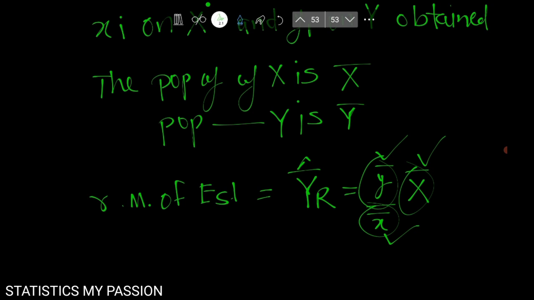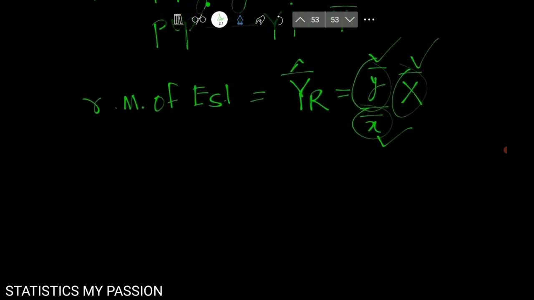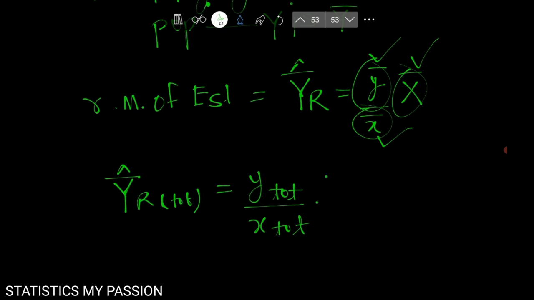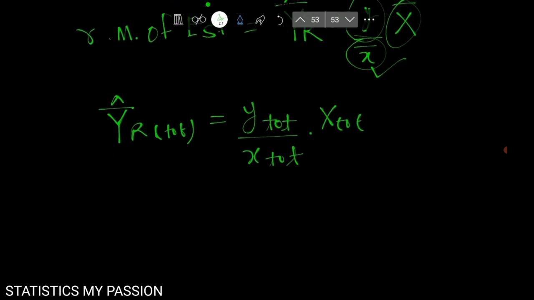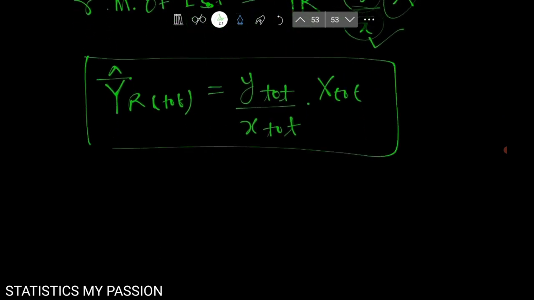Now how can we use this formula? In another way we can write it as y r total equal to y total upon x total, times x total. So this is the formula of ratio estimation if we use the total value.